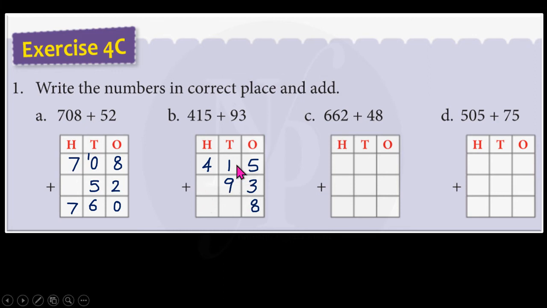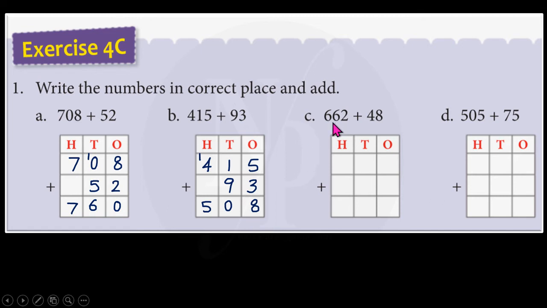And coming to tens column we have 1 and 9. 1 plus 9 is 10. And 10 tens are regrouped as 100 and 0 tens. So 100 is carried forward. 0 is written in tens column, which represents 0 tens. And now we add digits in hundreds column. 100 plus 400 is 500, plus 0 is 500. We write 5 here in hundreds column. Therefore, the sum of 415 and 93 is 508.